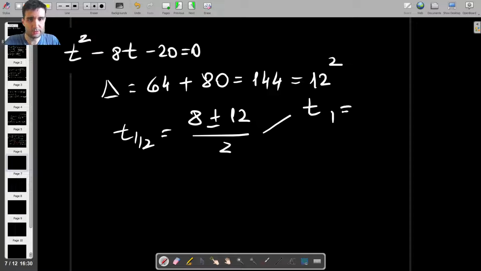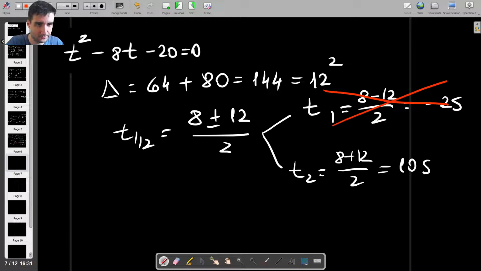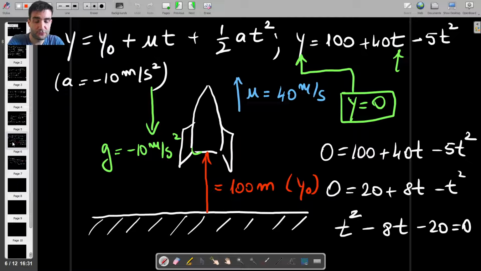So t1 will be 8 minus 12 over 2, which is minus 2 seconds, which doesn't have any physical meaning whatsoever, so I'll just cancel this out. And then the other one is going to be 8 plus 12 over 2, which is 10 seconds. So there are 10 seconds from the moment the fuel runs out until the rocket hits the ground.